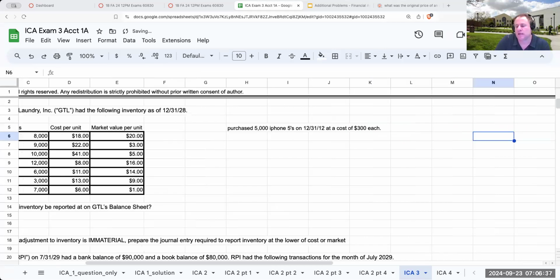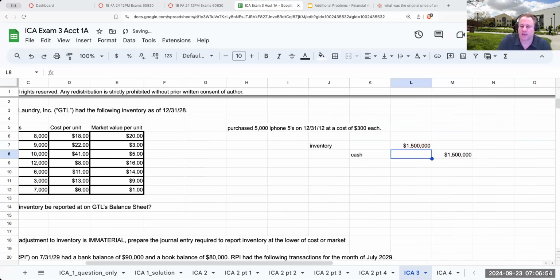When we purchase inventory, I would have debited inventory and credited cash for 5,000 times 300.